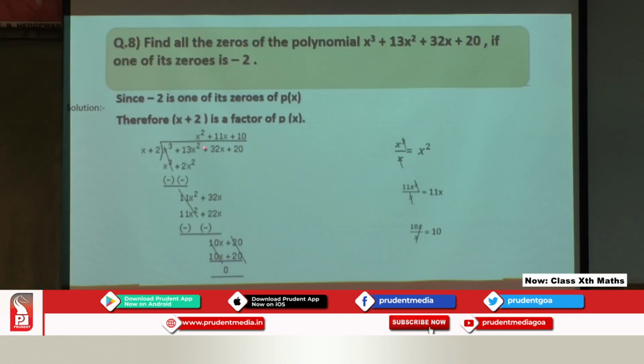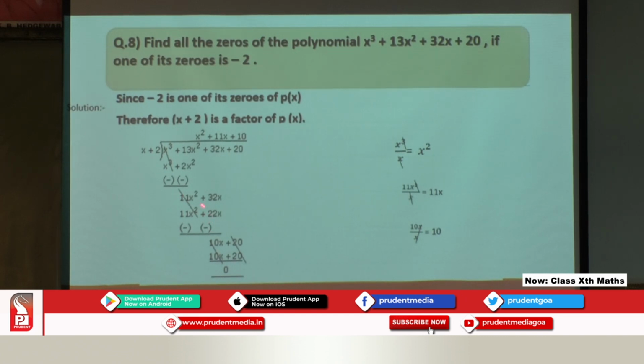Again this 11x we should multiply by the entire divisor. So plus into plus, plus 11 ones are 11, x into x, x square, plus into plus, plus 11 twos are 22x. Again we should subtract; I have changed the sign, positive changed to negative.